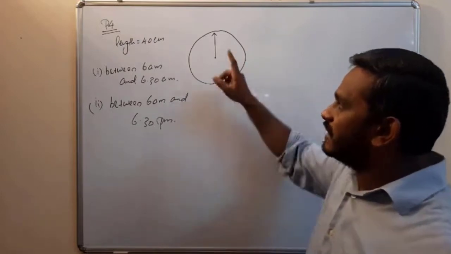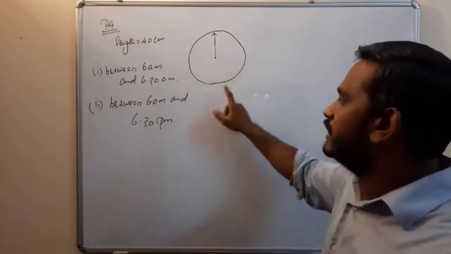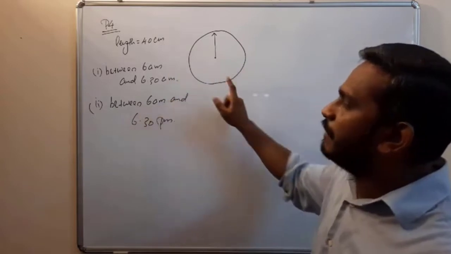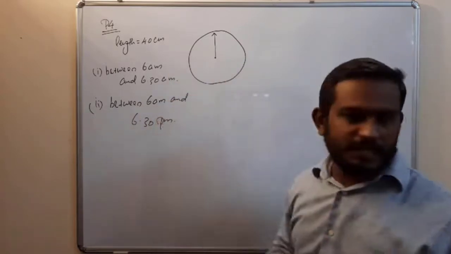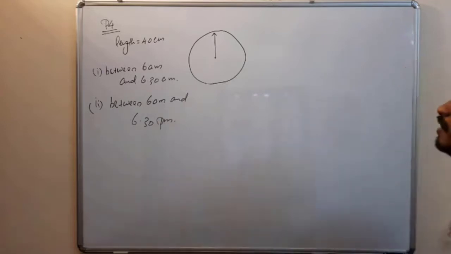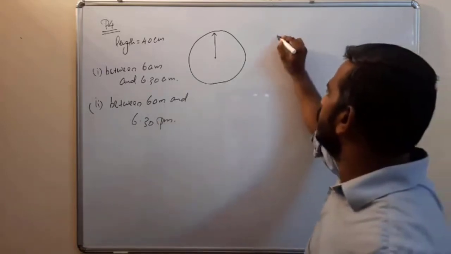So what is the average velocity of the tip of the minute hand between 6 a.m. and 6:30 a.m., and the second one, 6 a.m. and 6:30 p.m.? Okay. So what is the formula?